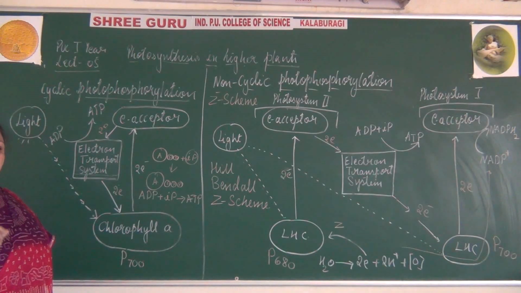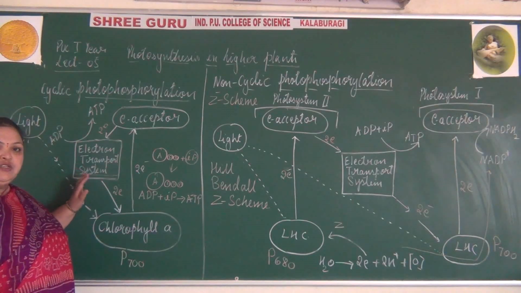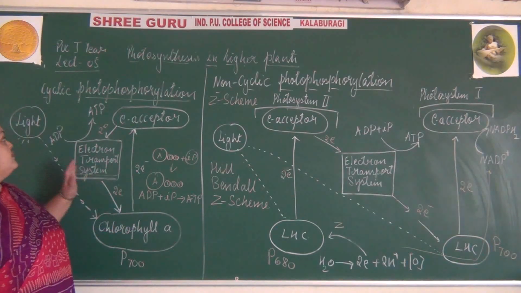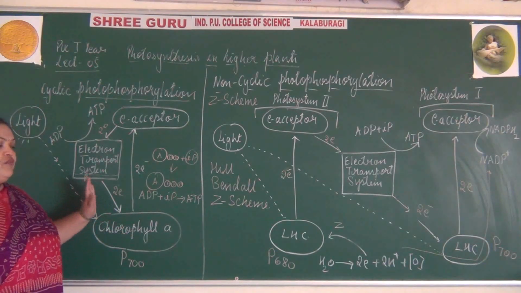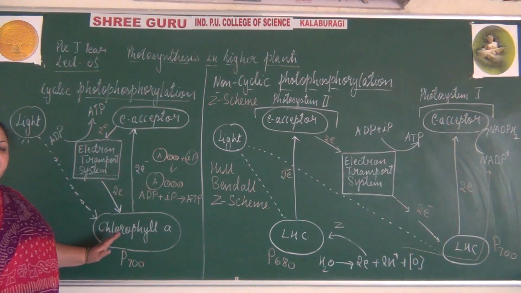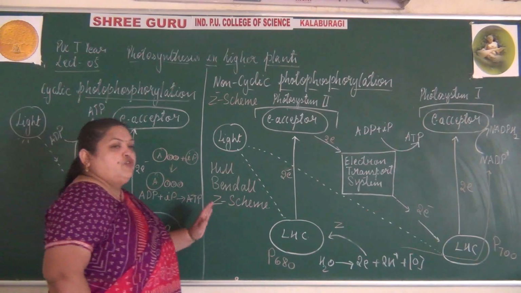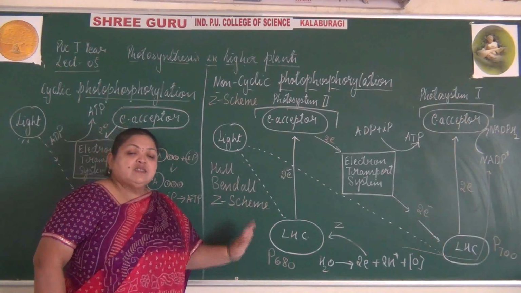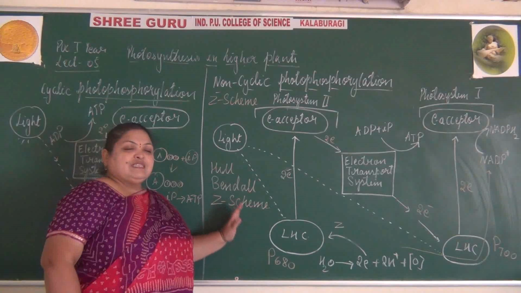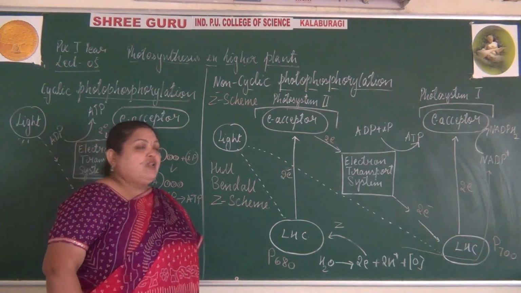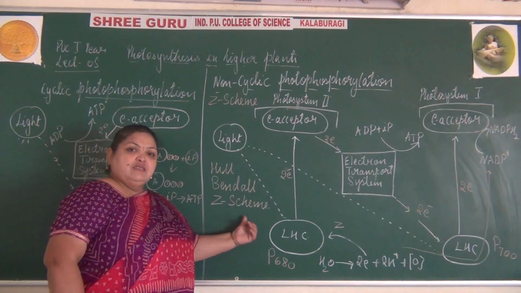The main questions are: draw the schematic representation, or explain cyclic photophosphorylation, where you have to draw the schematic representation and explain. For non-cyclic photophosphorylation, the usual question is: draw the schematic representation, or draw the Z scheme.